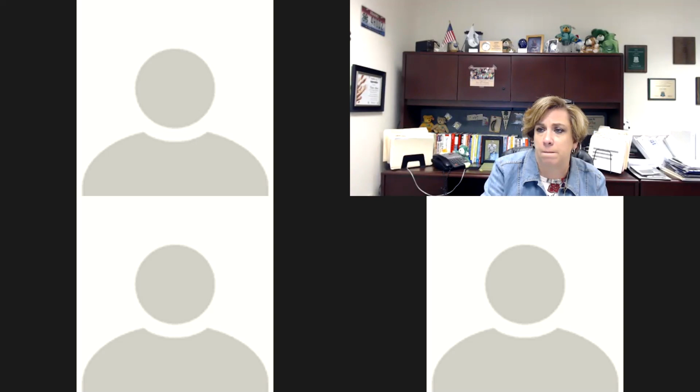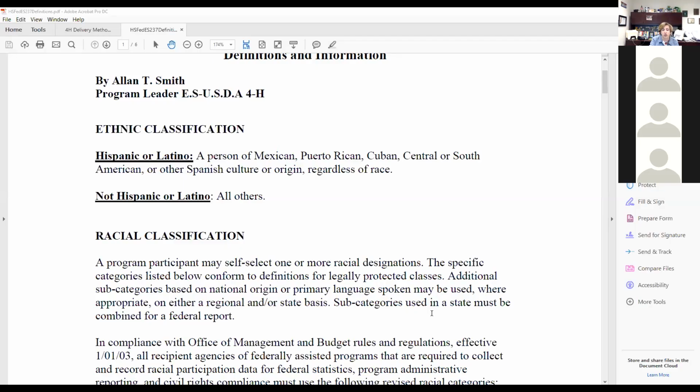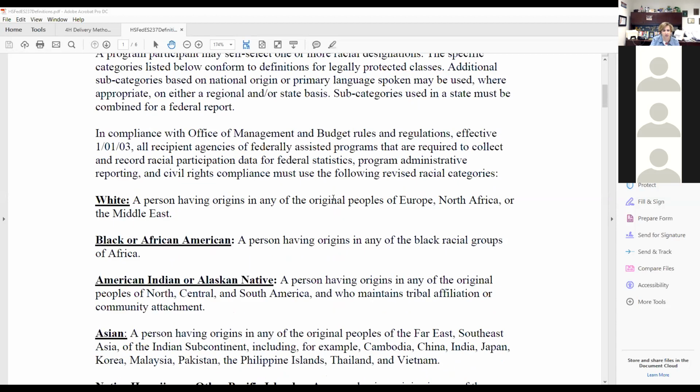So the other piece I want to share with you guys is, this is on our website, I believe, but it'll also be in the Nevada box files for you guys to look at. But these are the federal definitions when you are inputting information into 4-H Online. How do you report these? So you have your ethnic classification, and then your racial classifications.